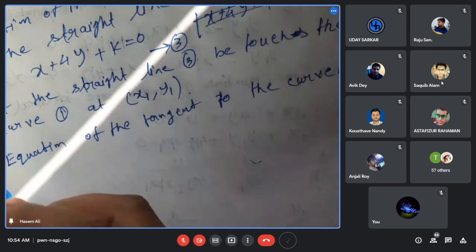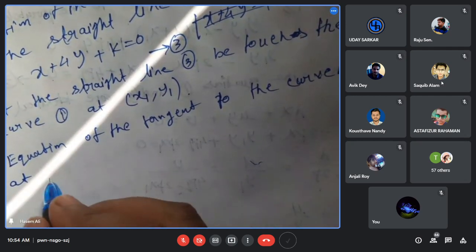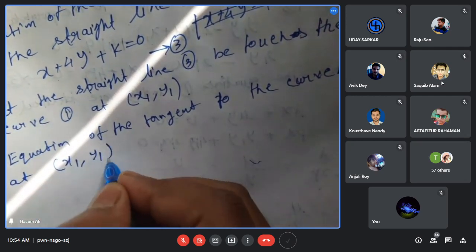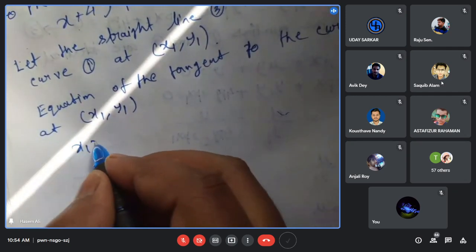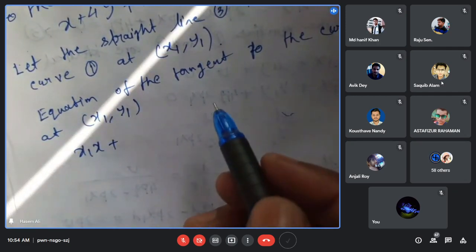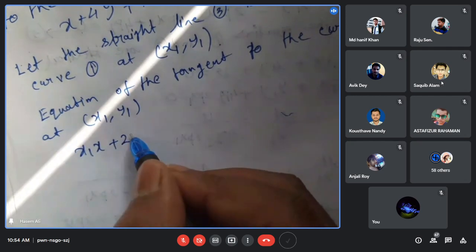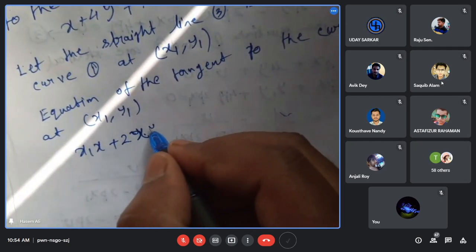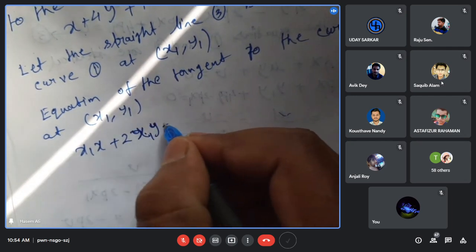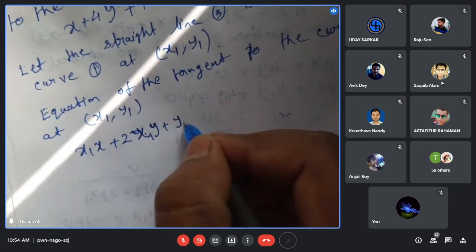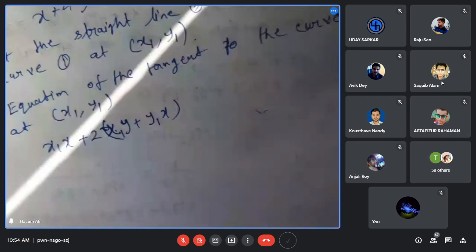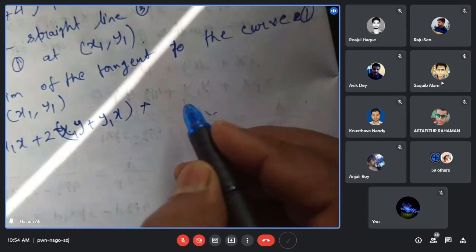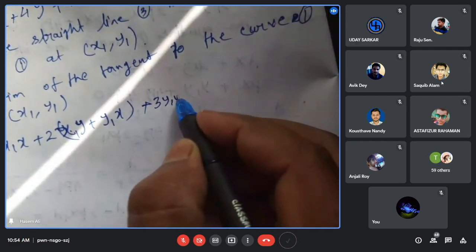It will be x1x plus, instead of 4xy, 2 into y1x plus x1y, and 3y square means 3y1y.